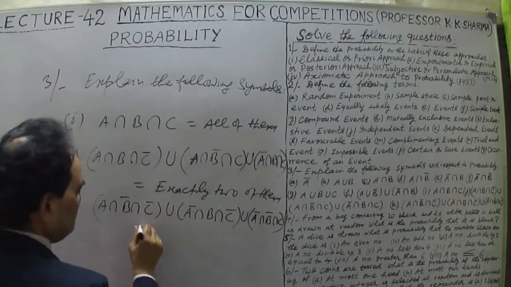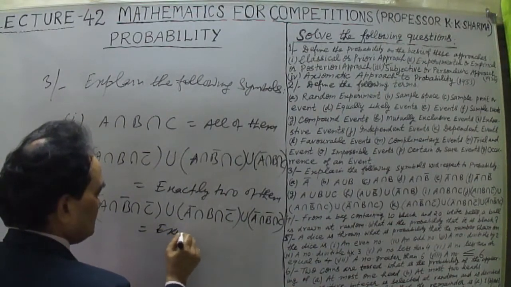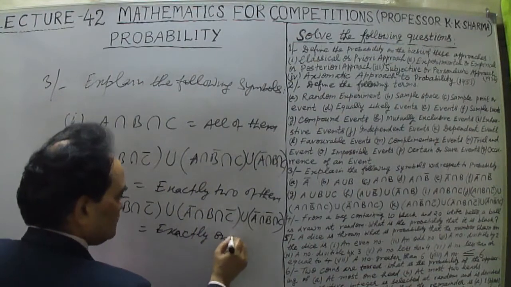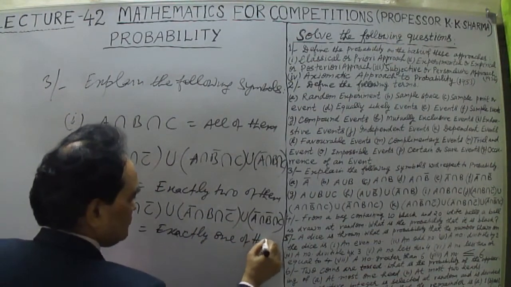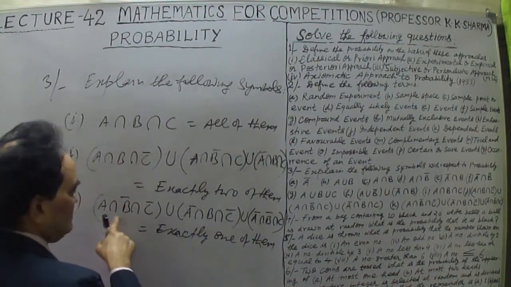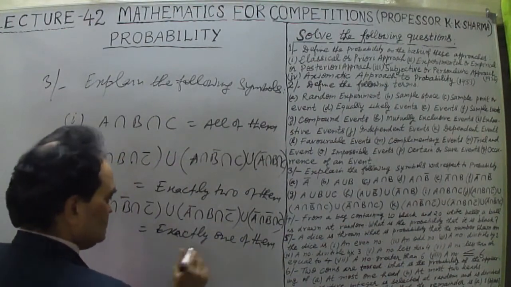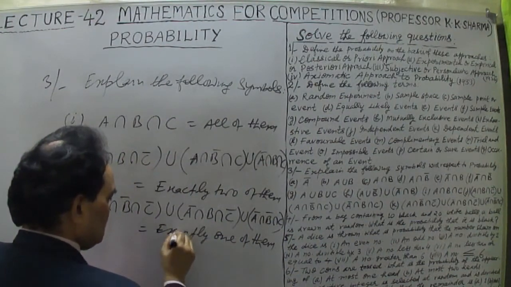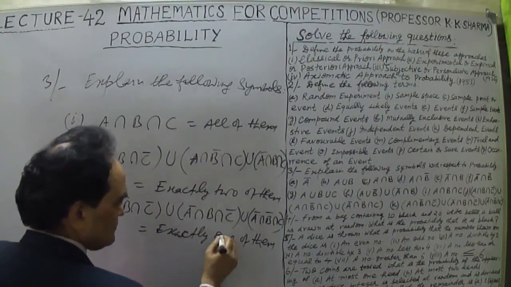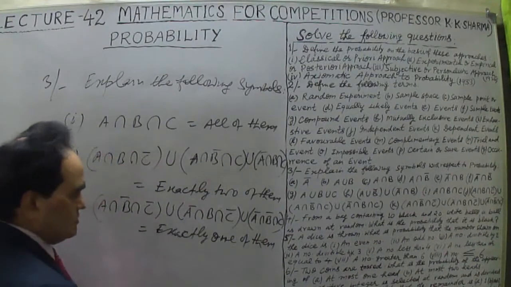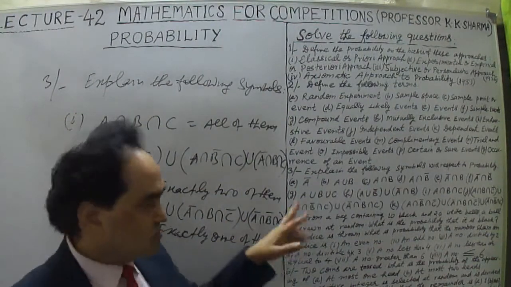So this is equal to exactly one of them. Simple. We are selecting only one. Here A selected, here B selected, here C selected. So exactly one of them. All are now clarified.